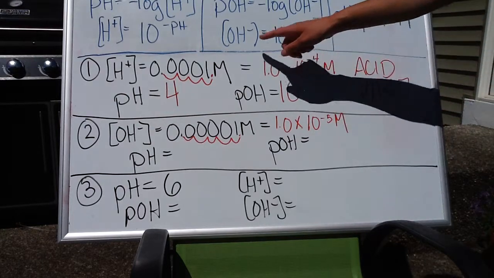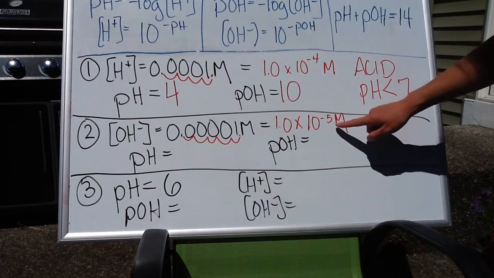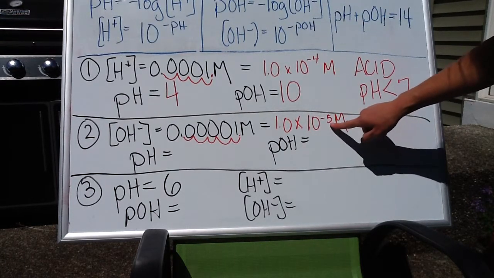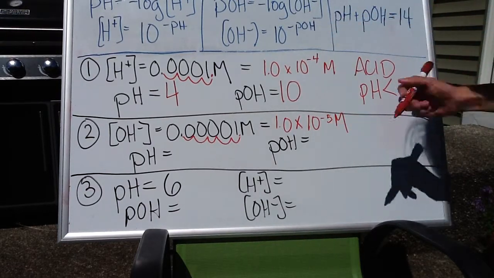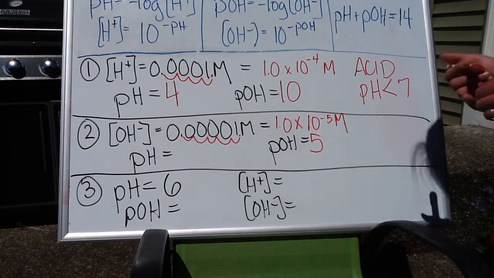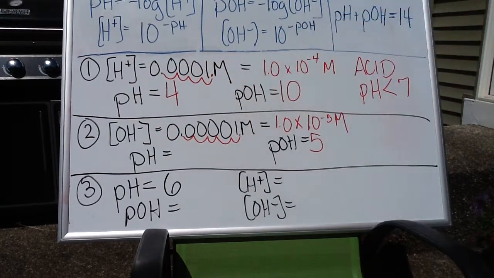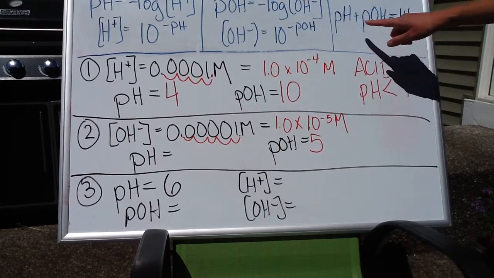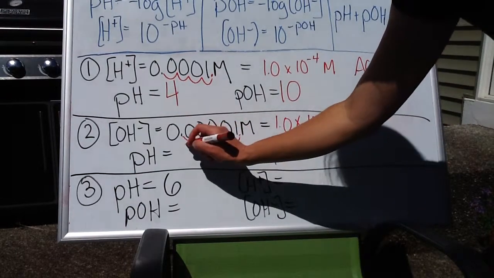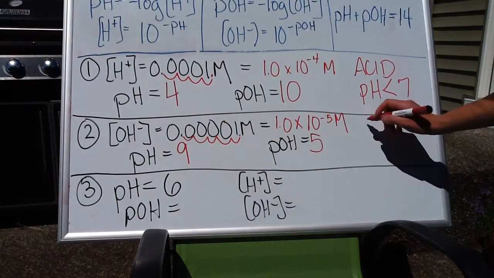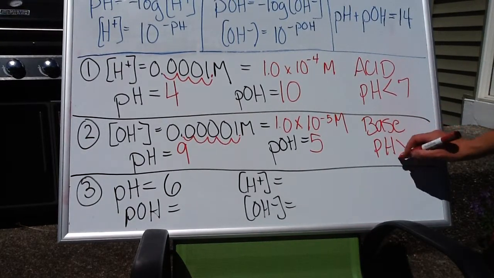And since the hydroxide concentration is 10 to the negative pOH, that means that my pOH must be 5. So this exponent in my hydroxide concentration gives me the pOH. Again, hydroxide concentration will give you the pOH, hydrogen concentration will give you the pH. If my pOH is 5, and pH plus pOH must be 14, my pH must be 9. That means this solution is a base, because the pH is above 7.